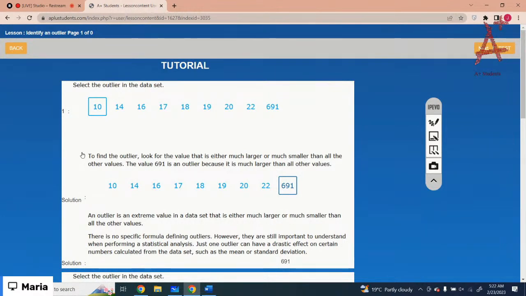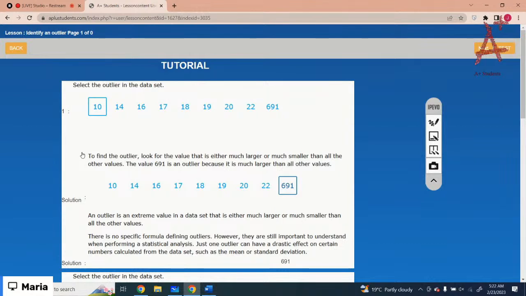The numbers are 10, 14, 16, 17, 18, 90, 20, 22, and 691. So which is the outlier? Yes, very good. 691 is the outlier.